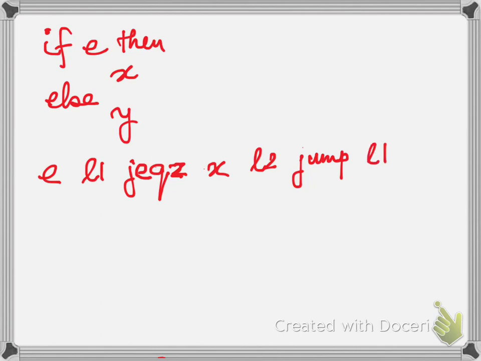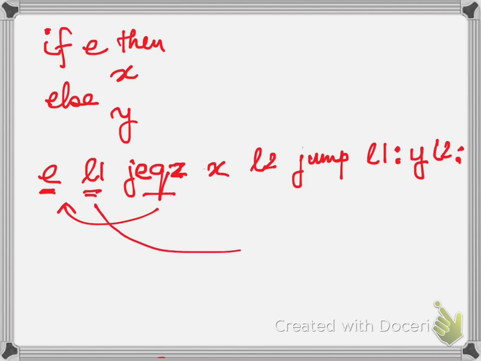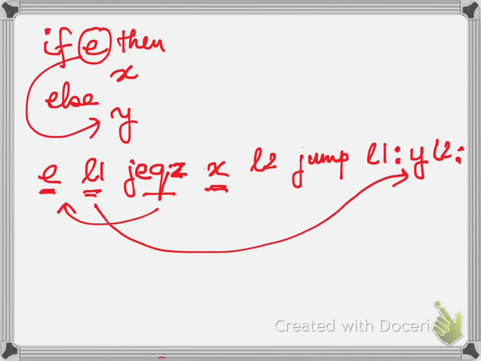What is label 1? Label 1 starts here with Y, and label 2 is the end. Here E is the value, L1 is the label, and then jump if 0. So if E is 0, meaning E is false, jump to L1. L1 is Y. So if E is false, jump to Y. If E is not equal to 0, it will go to the next point, which is X. So this is true, and this will be evaluated.